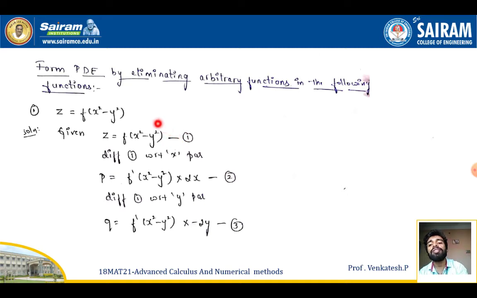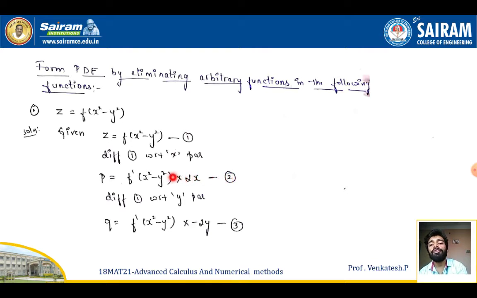Since the function z contains a single arbitrary function, differentiating only one time will be enough. So I am going to differentiate equation number 1 with respect to x. I'll get dou z by dou x, which is p, equal to f dash of x square minus y square, and differentiating x square, I will get 2x. Call it equation number 2.